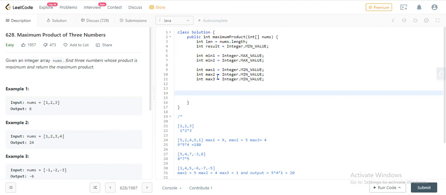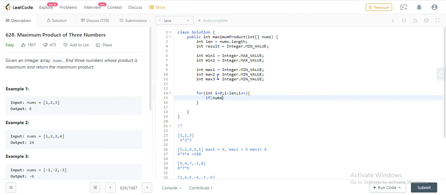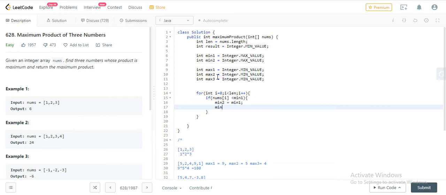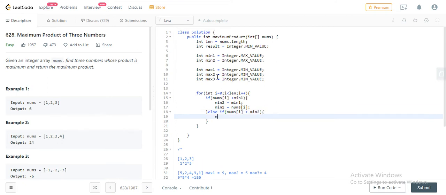I'll use just one loop to find all these. This part will give me min1, min2.